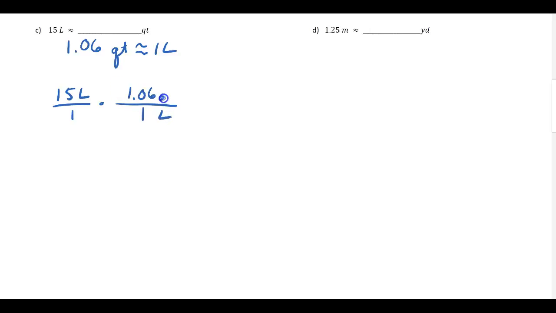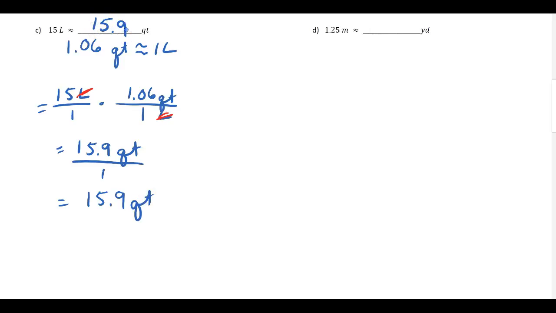And 1.06 quarts. The liters cancel out. And I'm going to multiply the 15 times the 1.06, and that gets me 15.9 quarts over 1. So 15.9 quarts is approximately 15 liters. Which, if you notice, it makes sense because they're close to a 1-to-1. So 15 to 15.9, that makes some sense.